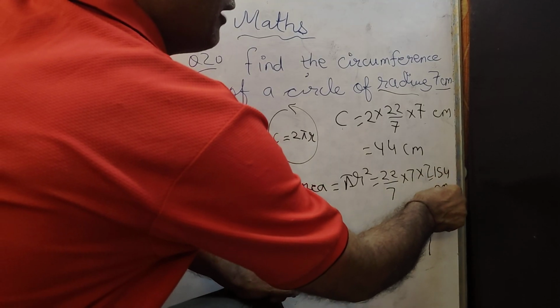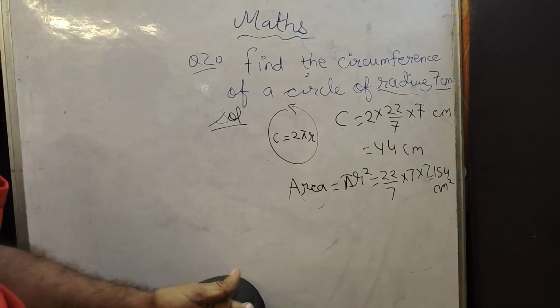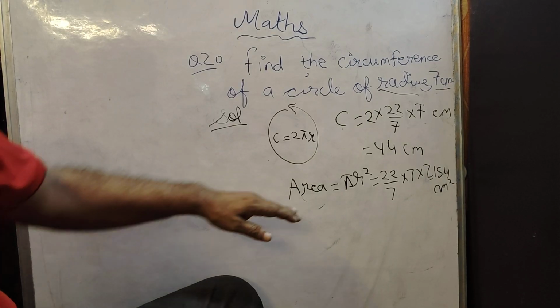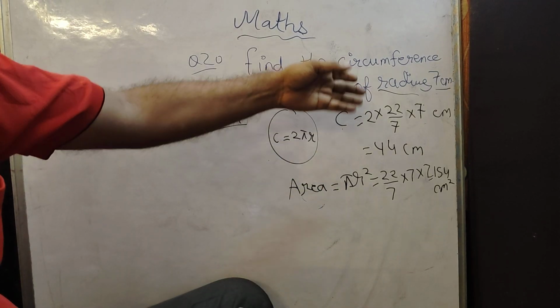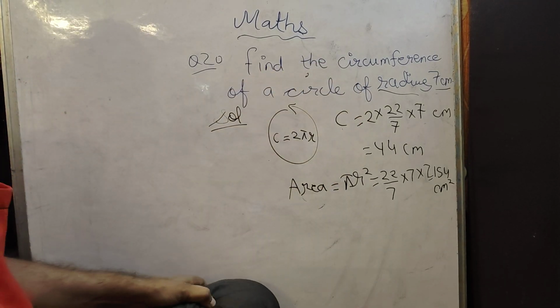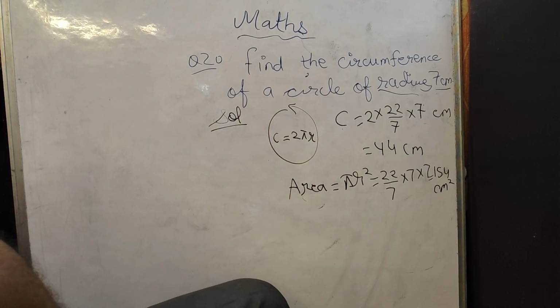The unit of area is centimeter square. Sometimes circumference is asked, or area is asked, or sometimes the area is given and you find the radius. Sometimes the circumference is given and the question asks you to find the radius. So these are the two basic formulas to find the circumference and area.